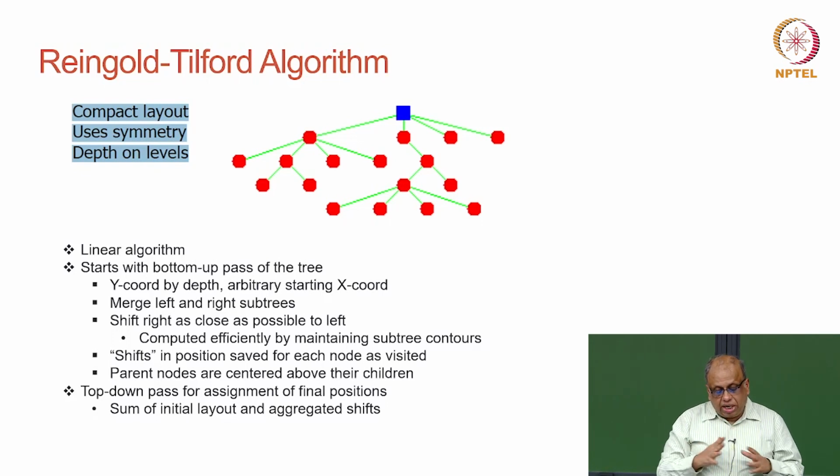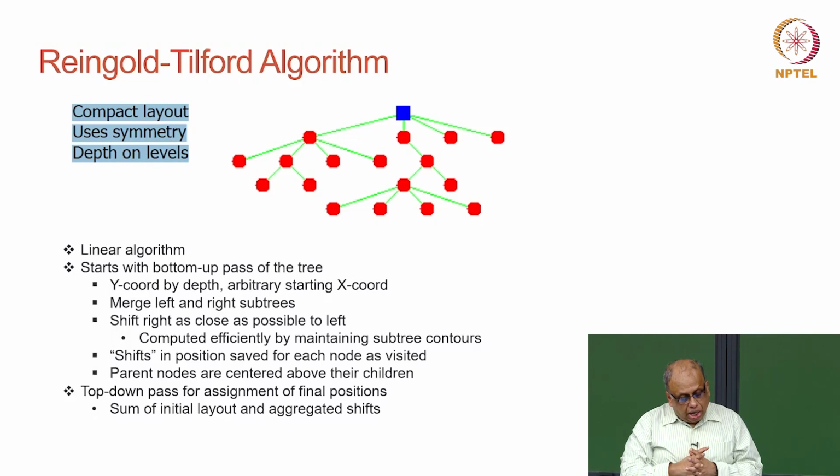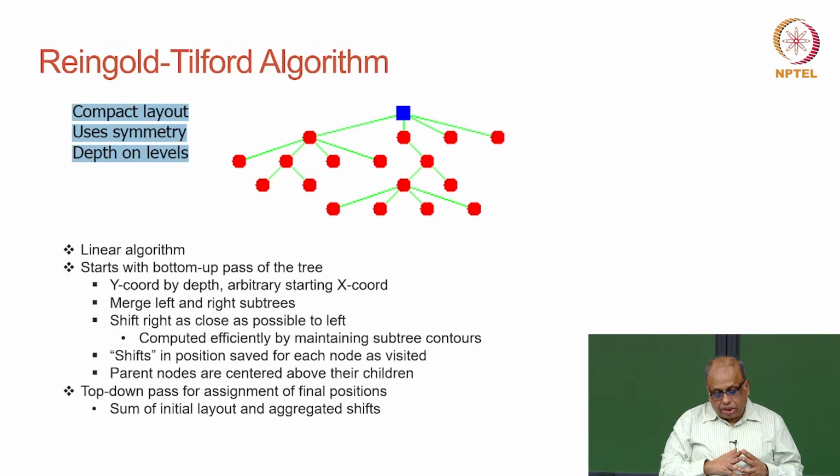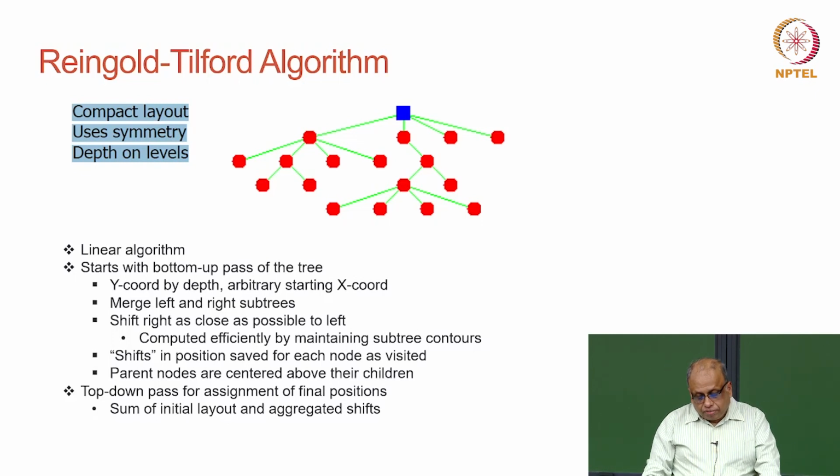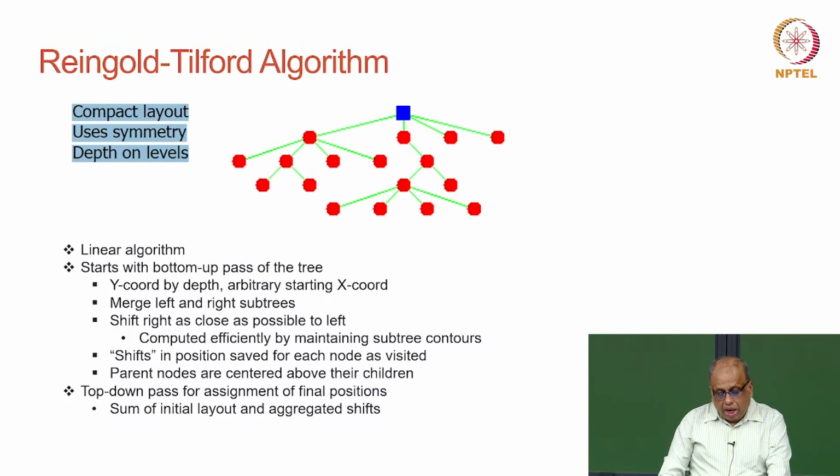So you merge the left and right subtrees and shift right as close as possible to the left. Okay. So you try to do this in an efficient way, and the parent nodes are then centered above the children nodes.